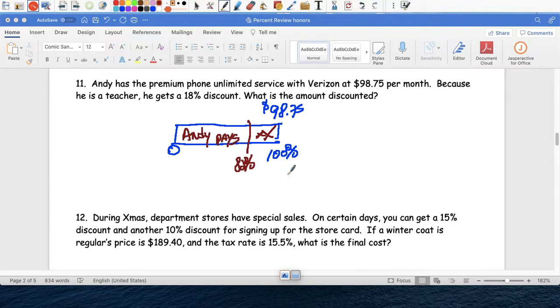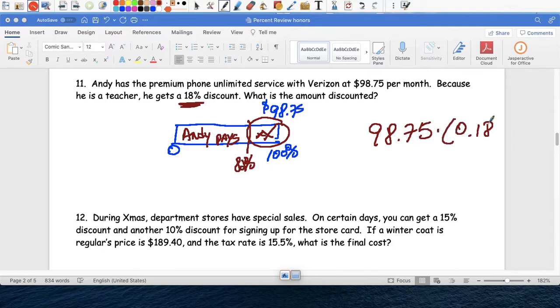Now, you have to determine what the question is asking. Are they asking you what Andy is going to be paying or how much was taken away? They're asking you how much they took away. So they took away 18%. So 98.75 times the discount, 18%.